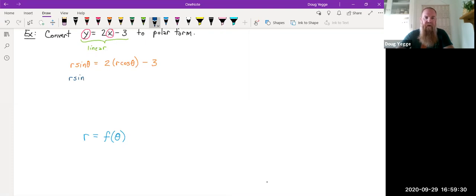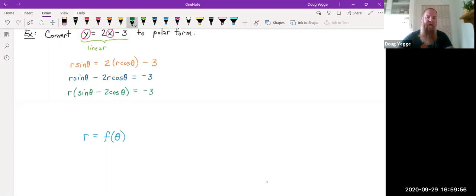So we have r sine theta minus 2r cosine theta is now equal to -3. And now you can recognize that pulling out r gives me the value sine theta minus 2 cosine theta equals -3.